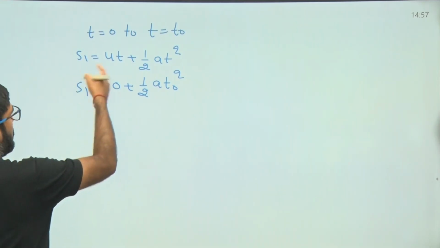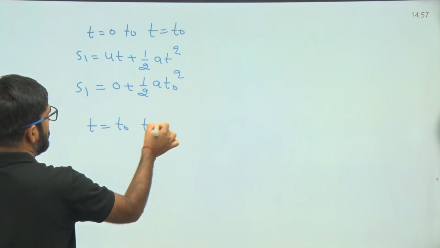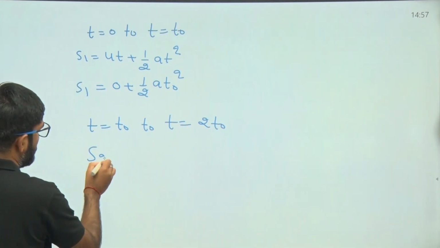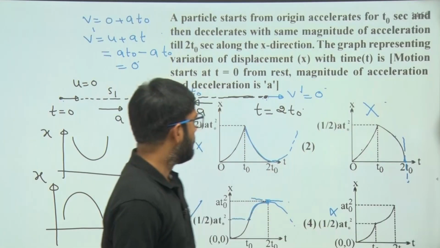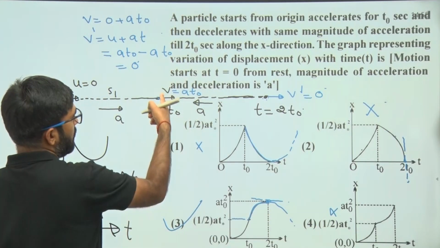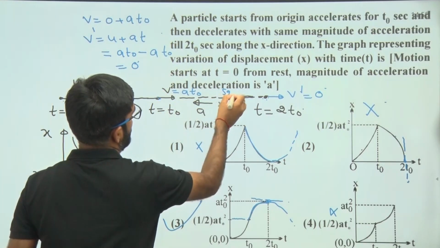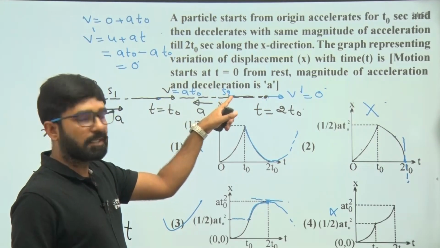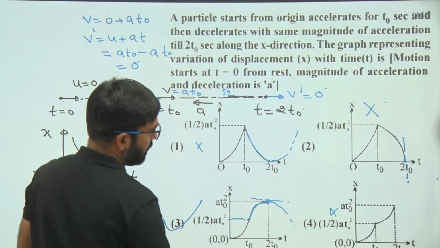Again use the second equation from t equal to t naught to t equal to 2t naught. We get the displacement S2. This will be equal to ut plus half at square. This displacement S2 is from t equal to t naught to 2t naught.